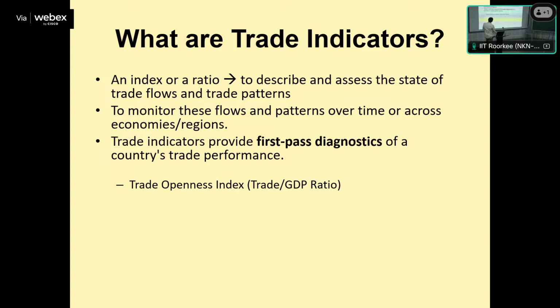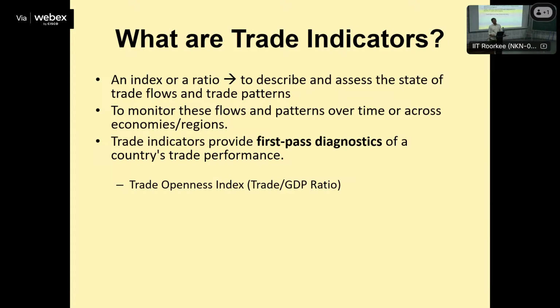The first one to mention, which people largely use while deriving results for the international context, is called trade openness. Trade openness means total trade divided by total GDP as a ratio.